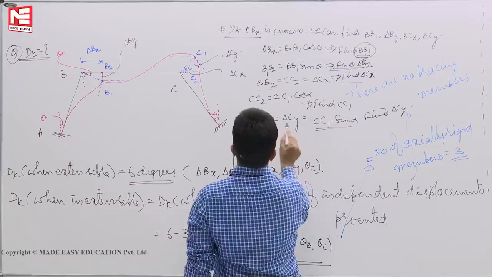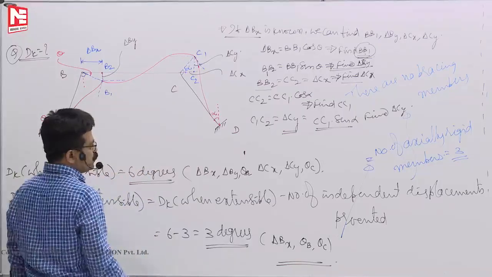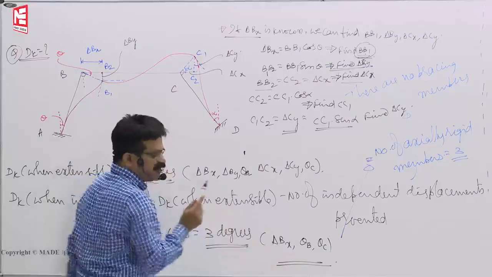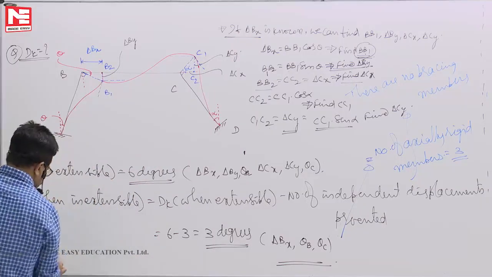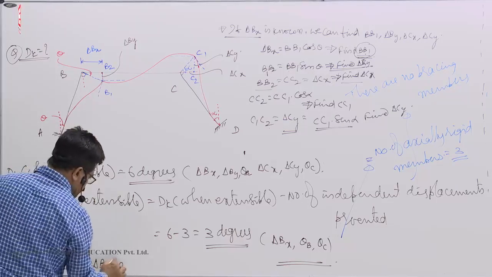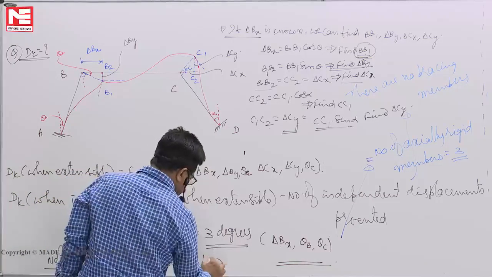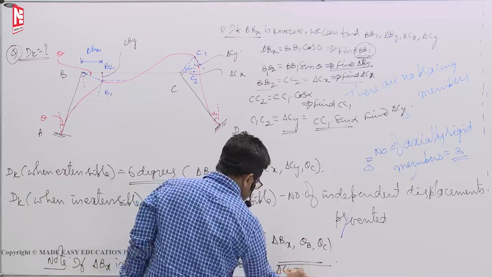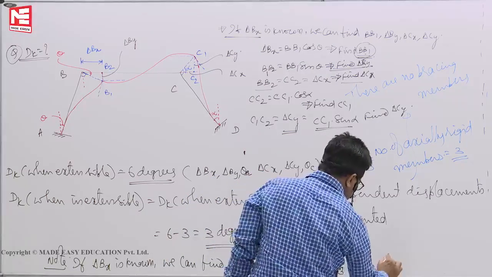Then C1 C2, that is delta Cy, is nothing but CC1 sin alpha. So for the independent displacements, if delta Bx is known to us, delta By, delta Cx, delta Cy we can find. In the end we can write: if delta Bx is known, we can find delta By, delta Cx, delta Cy. These three are not unknowns.